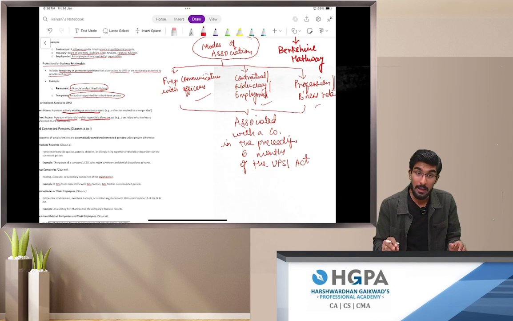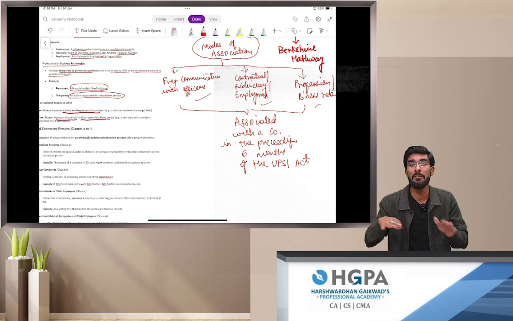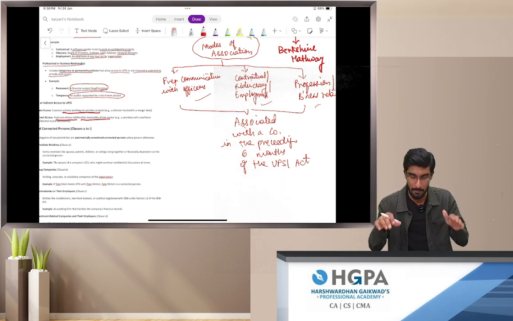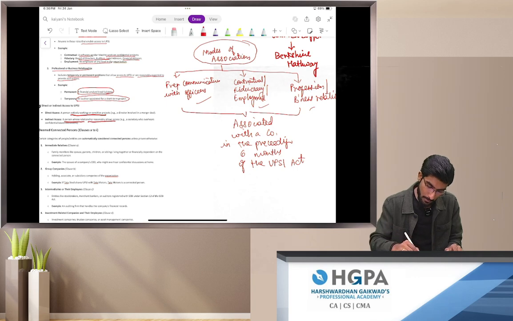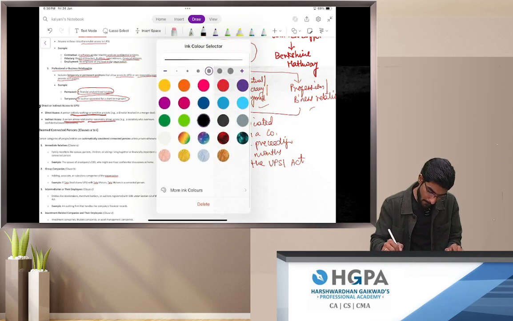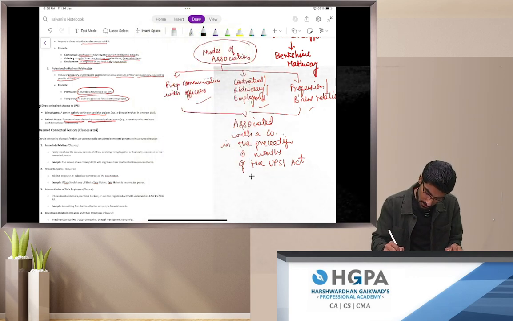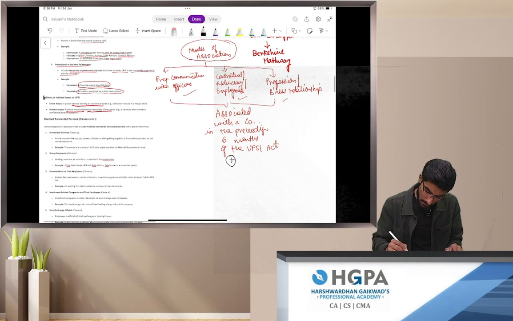If they do not have access to UPSI, they will not be called a connected person. Plus direct, indirect access to UPSI.